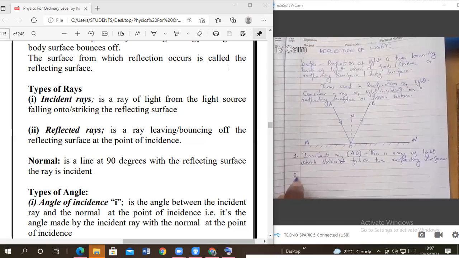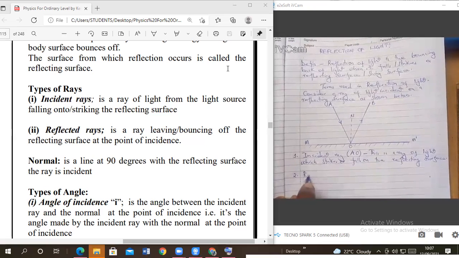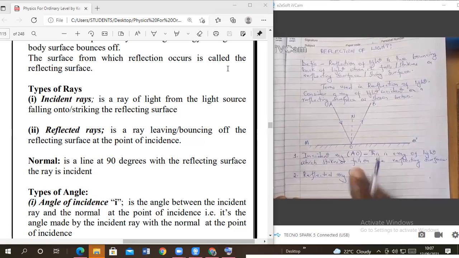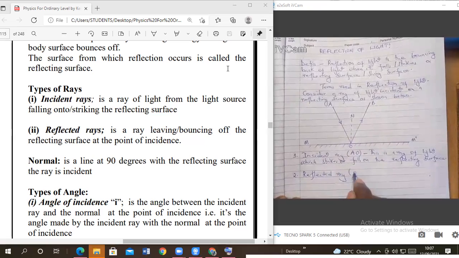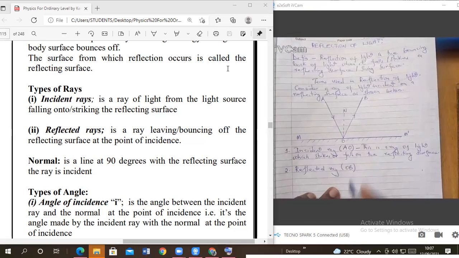Then number two, we have the reflected ray, which from the diagram is represented by OB.